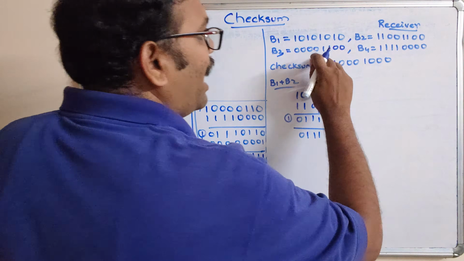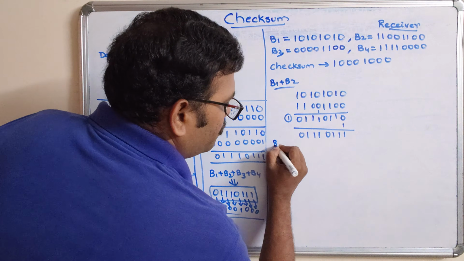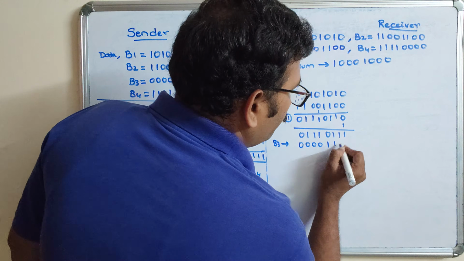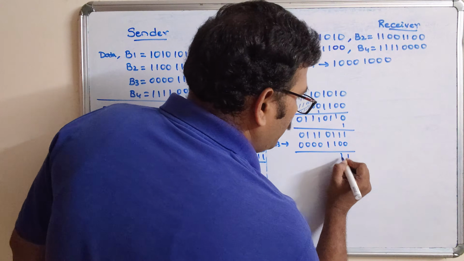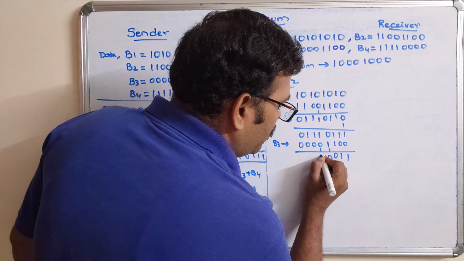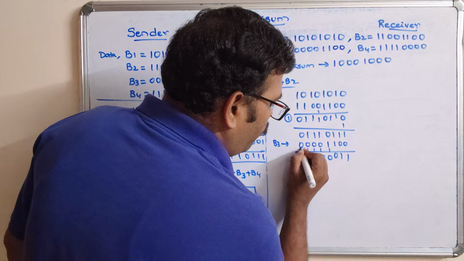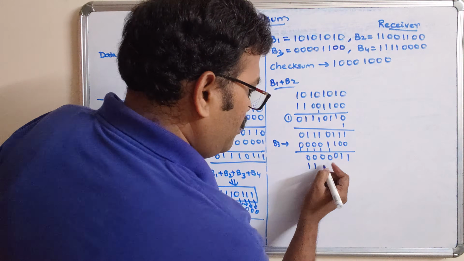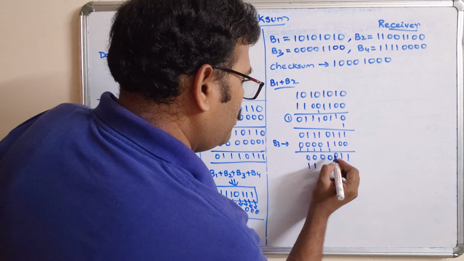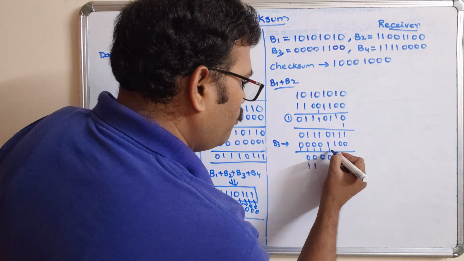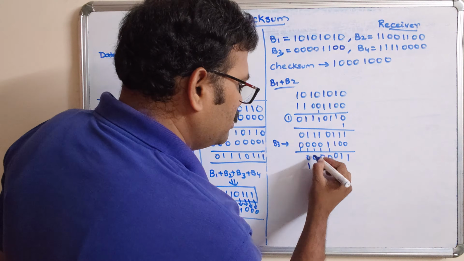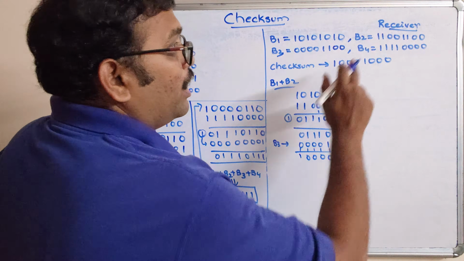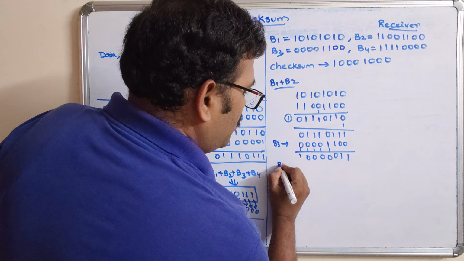Now I will add B3 also here. B3 is 0 0 0 0 1 1 0 0. How much? 1 1 1 1 1 0 1 0 and so on. I am getting the sum with B3. Next, add B4.